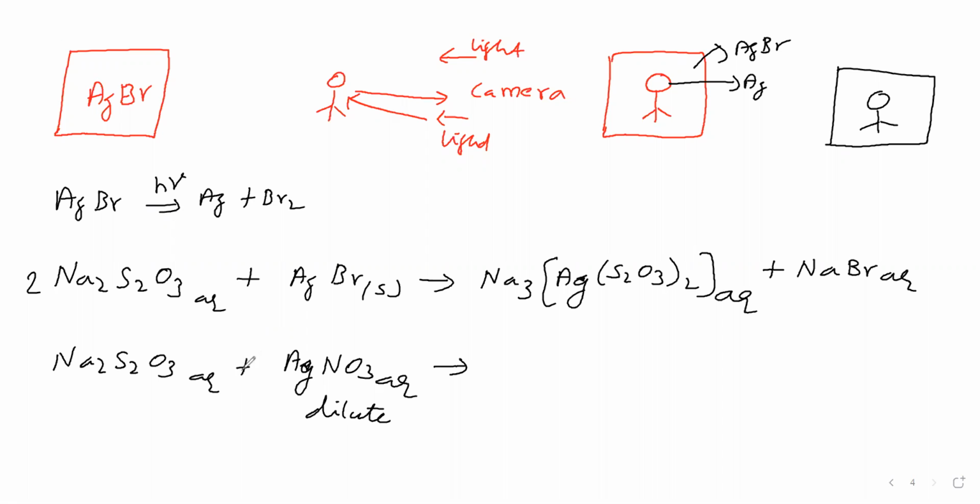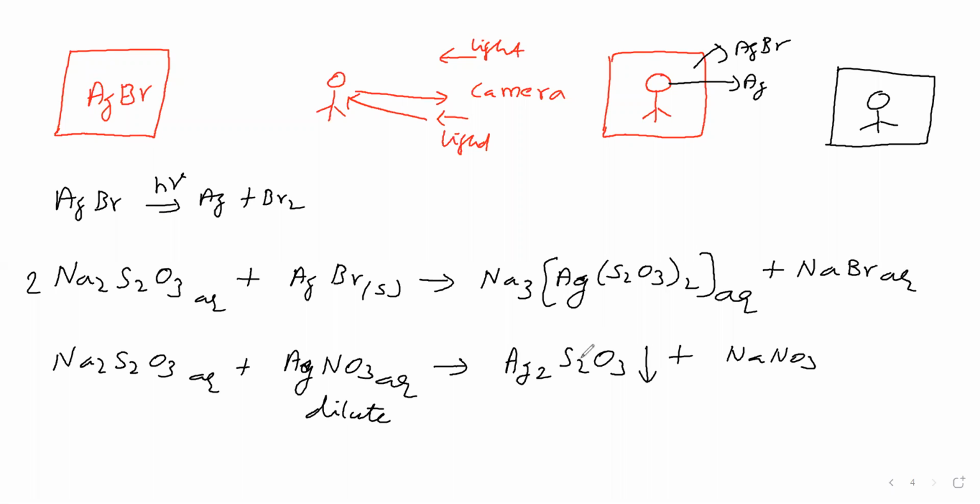Now with hypo and silver nitrate, let us see what happens. Na+ and Ag+ are exchanged: in the place of Na+, Ag+ comes. So we are getting Ag2S2O3, silver thiosulfate, and NaNO3. The silver thiosulfate is a white precipitate.